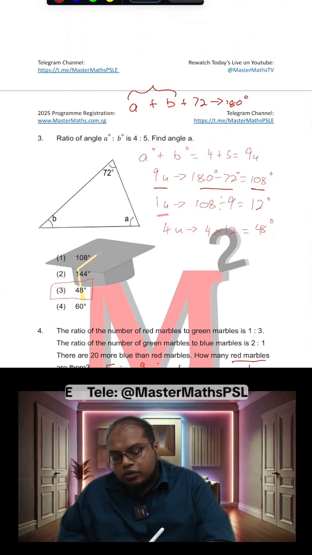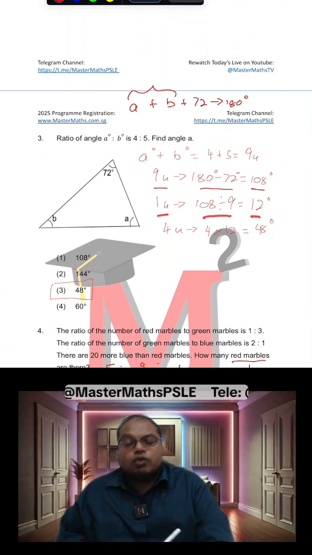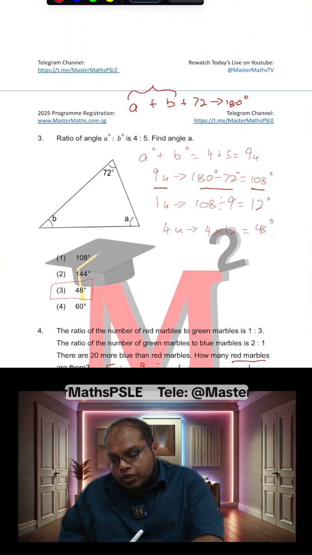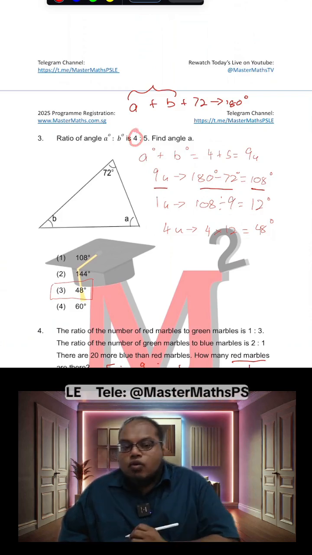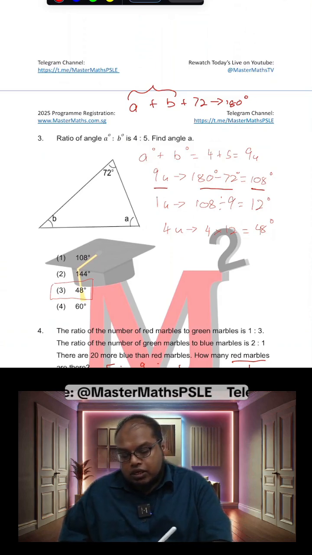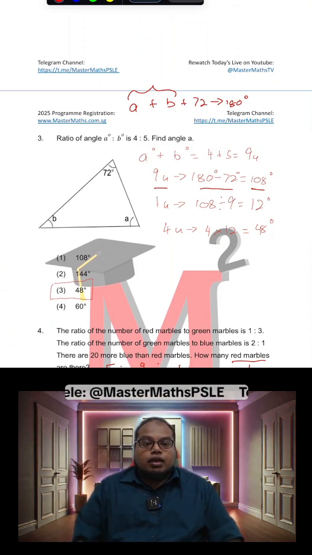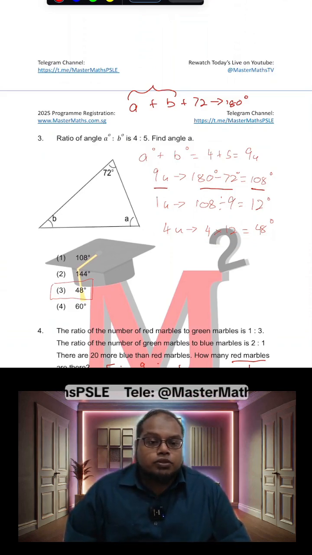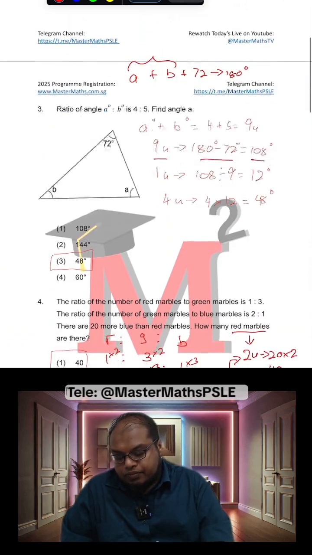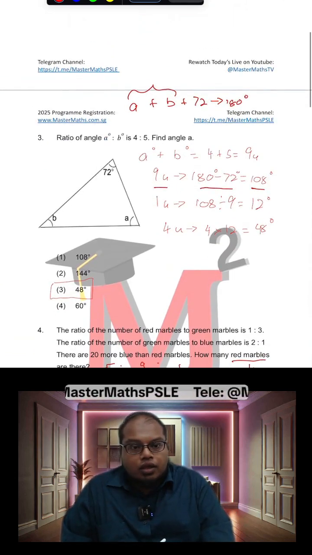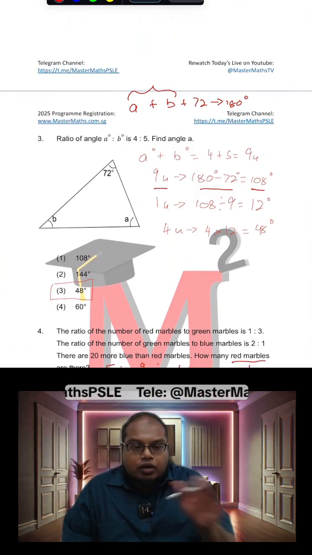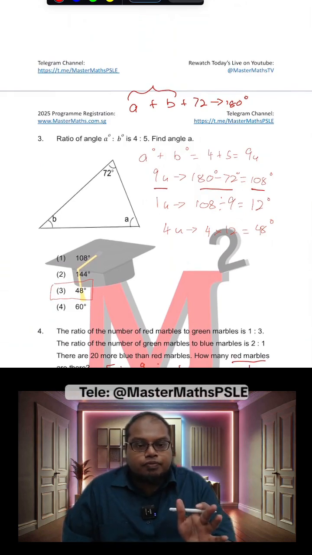Then 1 unit, you divide by 9 and we get 12 degrees. What we want was A. A is 4 units, so 4 times 12 equals 48 degrees. You can use it as a fraction or you can just divide as per normal. Okay? Up to question 3, all okay?